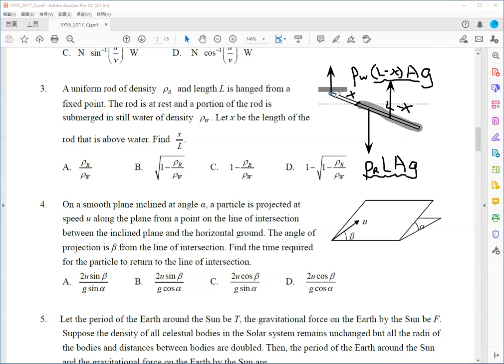So the force acting at the hinge should be vertical. Then if you take the moment at this point, this provides an anti-clockwise moment. So the force at the hinge should be upward, such that it provides a clockwise moment to compensate the anti-clockwise moment.